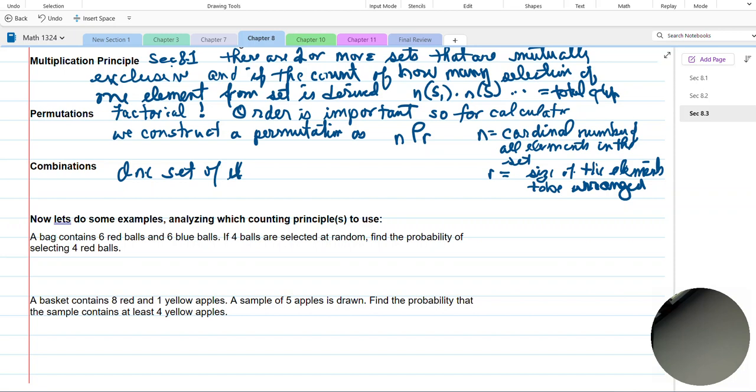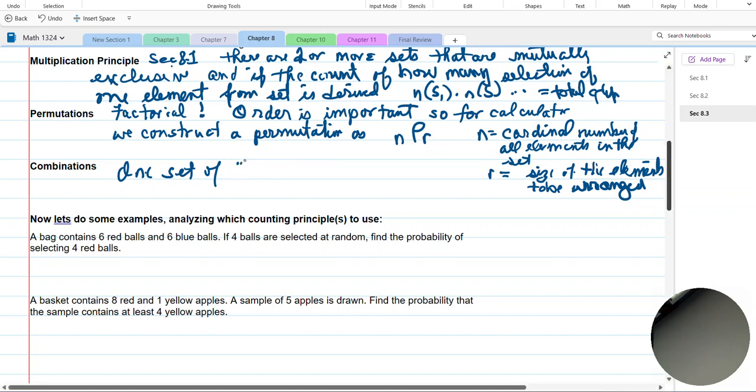I don't know if my tablet is dirty right there, but my pen does not want to work right there. That are in order is not important.